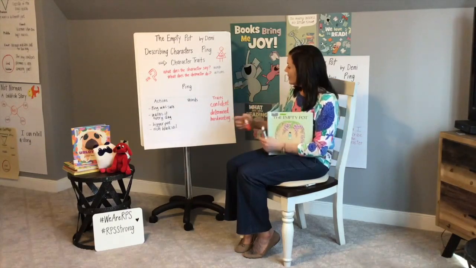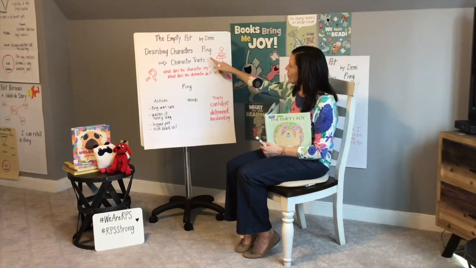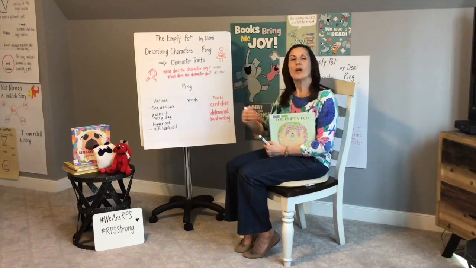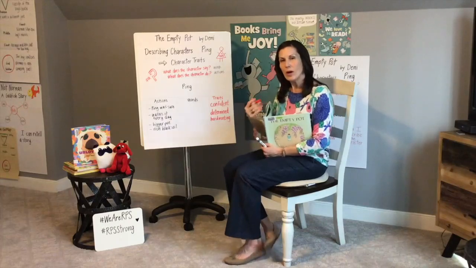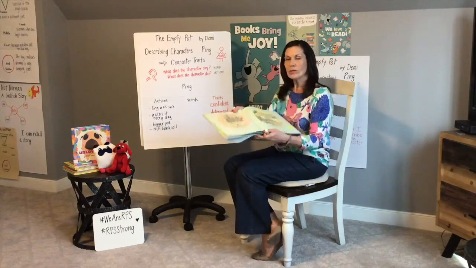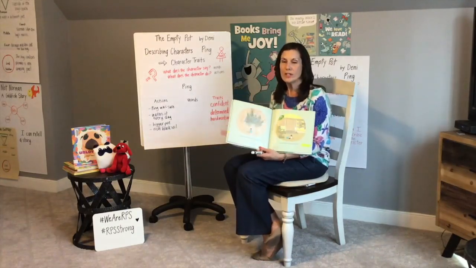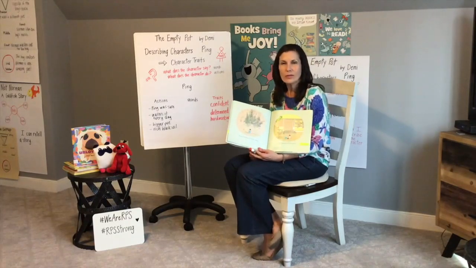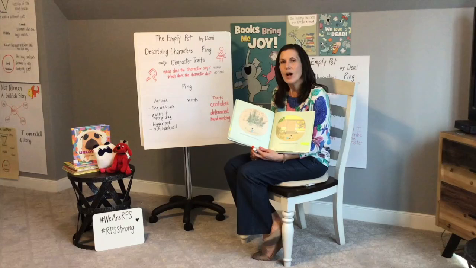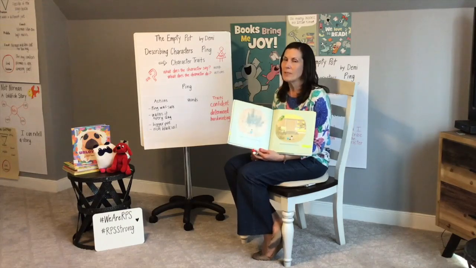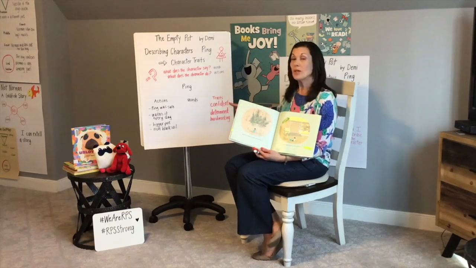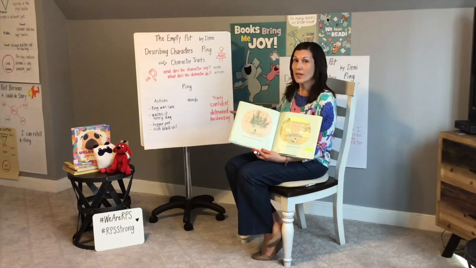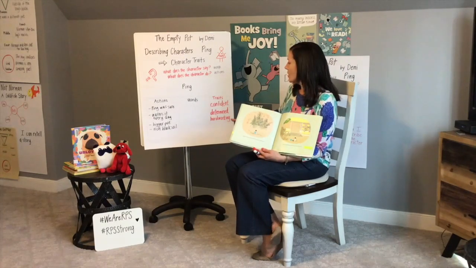So again, the difference is, today we're looking at traits. Traits are words that describe how we are as people on the inside, what we're like. So when we read fiction text and we describe our characters, we want to ask ourselves, what do they say and do that helps me to understand what they're like? I can't see from someone's face that they're confident. I can't see from someone's face that they're determined or hardworking.